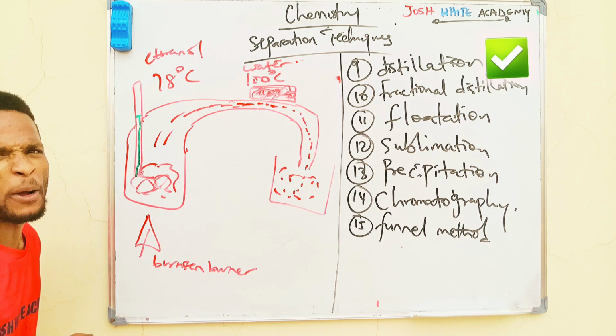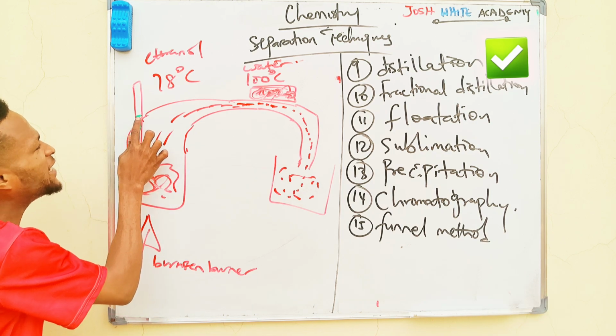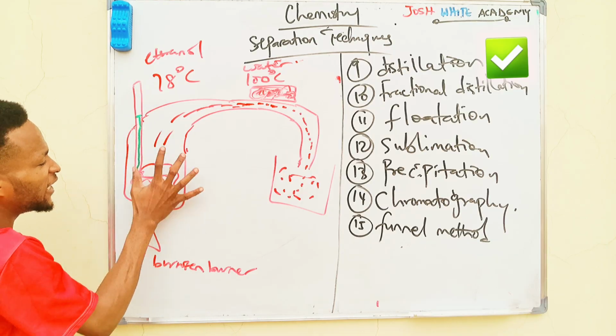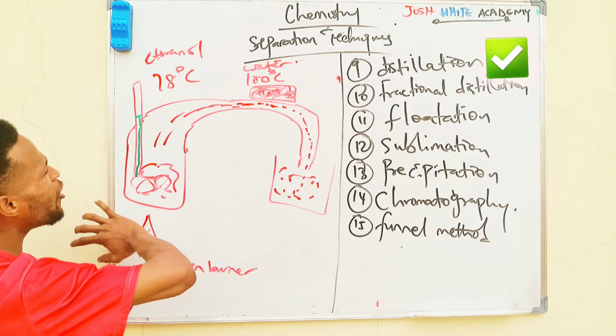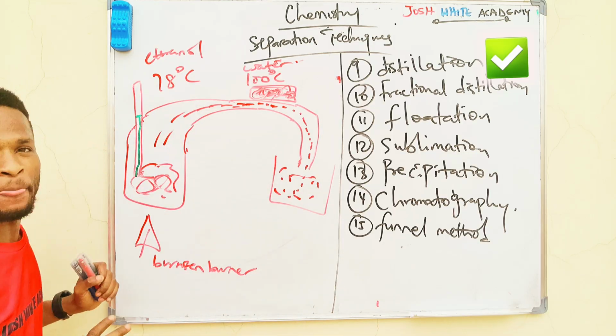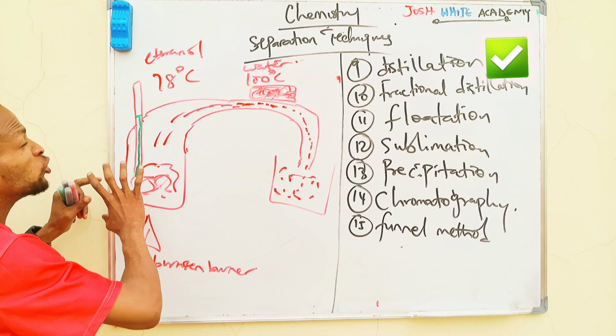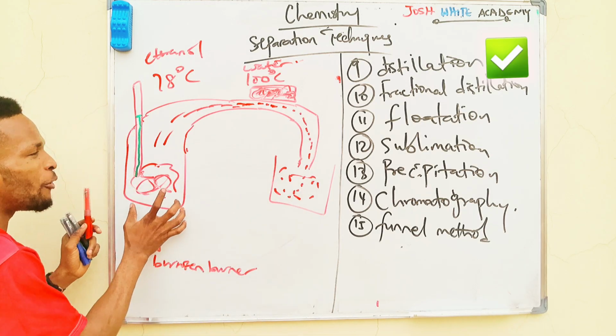So you will continue. You will notice that when the thermometer reading goes above 78, the solution will stop boiling, because all the ethanol has been collected. So by that way, you've been able to successfully separate ethanol from water.